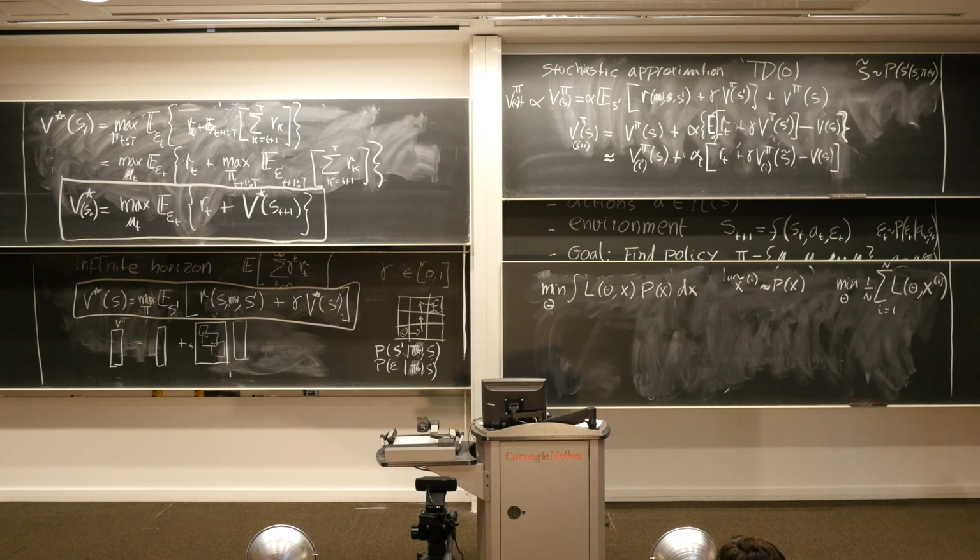Okay, so that's what we do in machine learning. We don't know the expected loss, so instead we minimize this empirical loss. Now, let's rewrite this as min over theta of the expectation of the loss of theta and x.